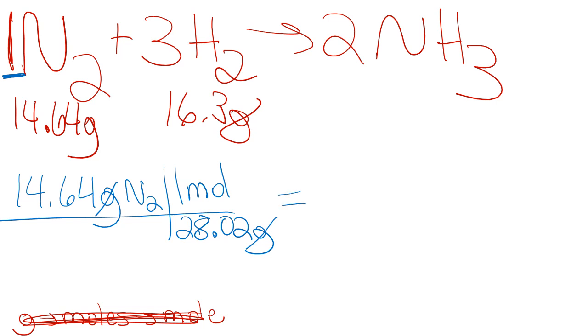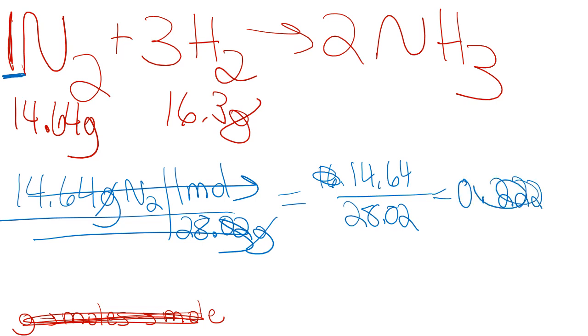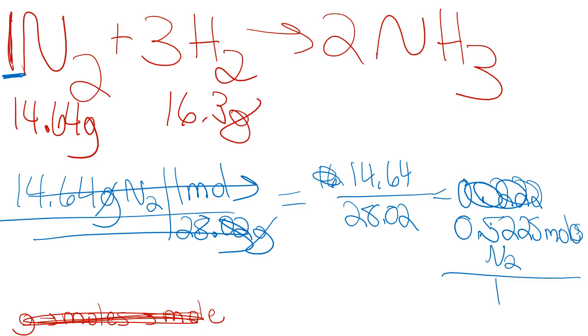So here, 14.64, multiply across like this. We have 14.64 divided by 28.02. That is 0.5225 moles of nitrogen, and I'm going to divide it by the front number.